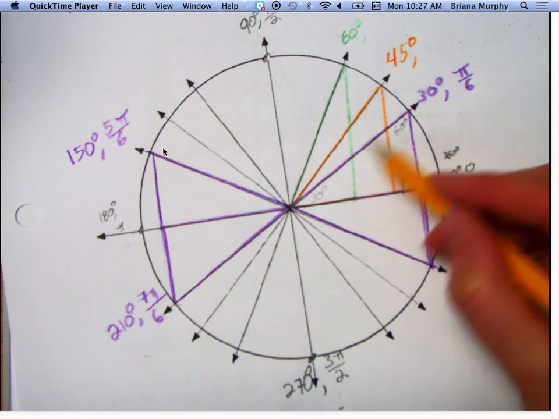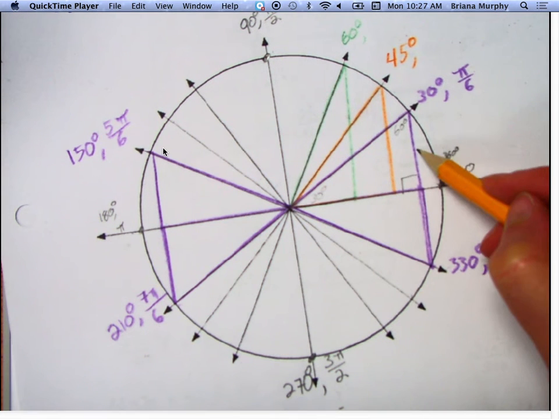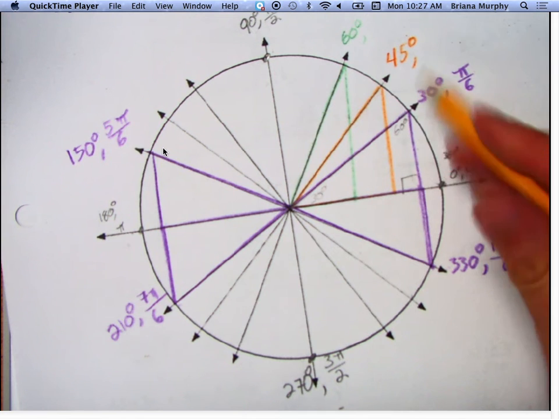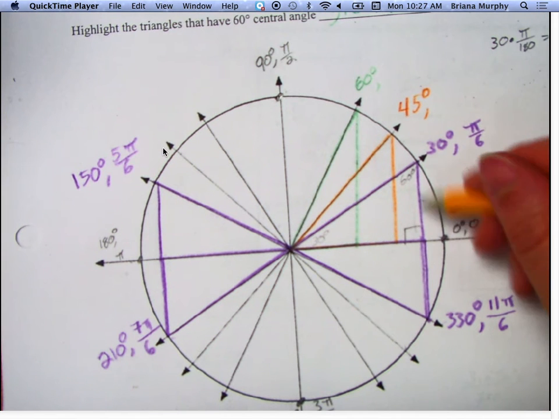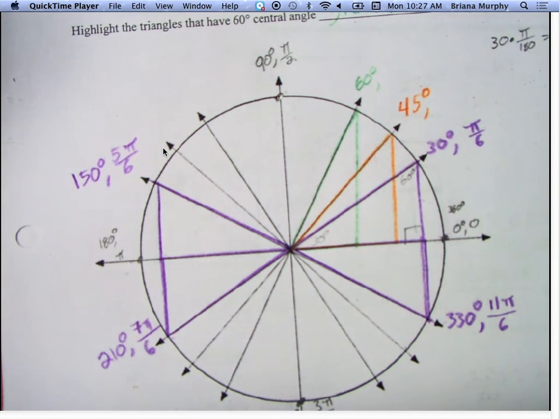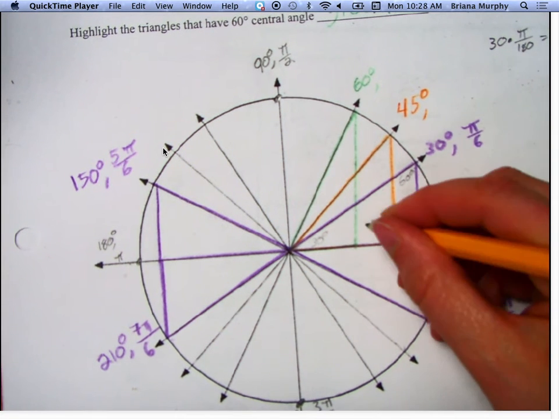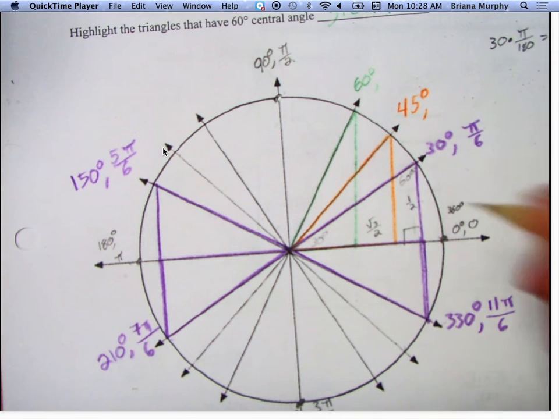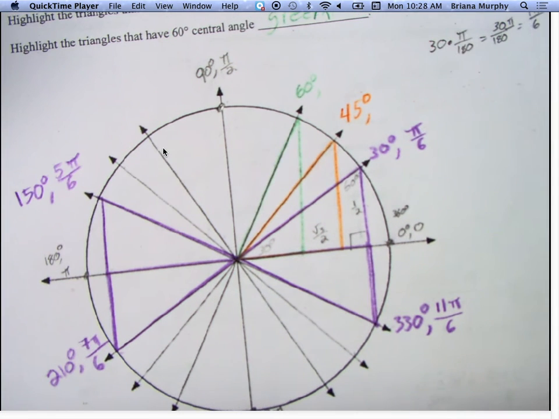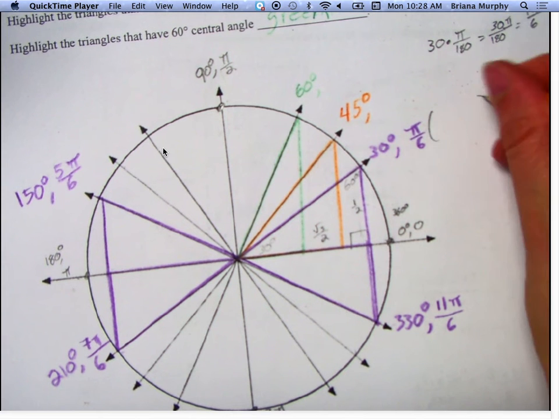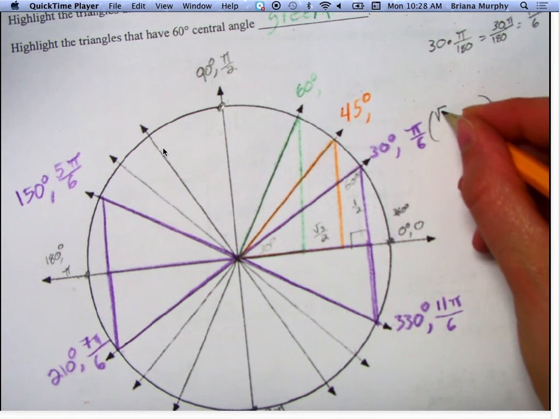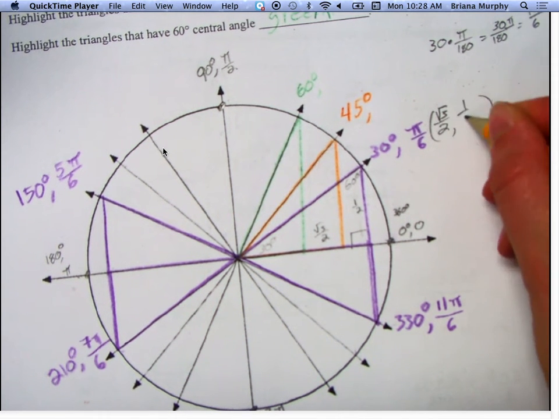My hypotenuse is 1, so what's my smallest side going to be? It would be 1/2. And this would be square root 3 over 2, right? Because of the special 30, 60, 90 triangles. So I would have square root 3 over 2, comma 1/2.